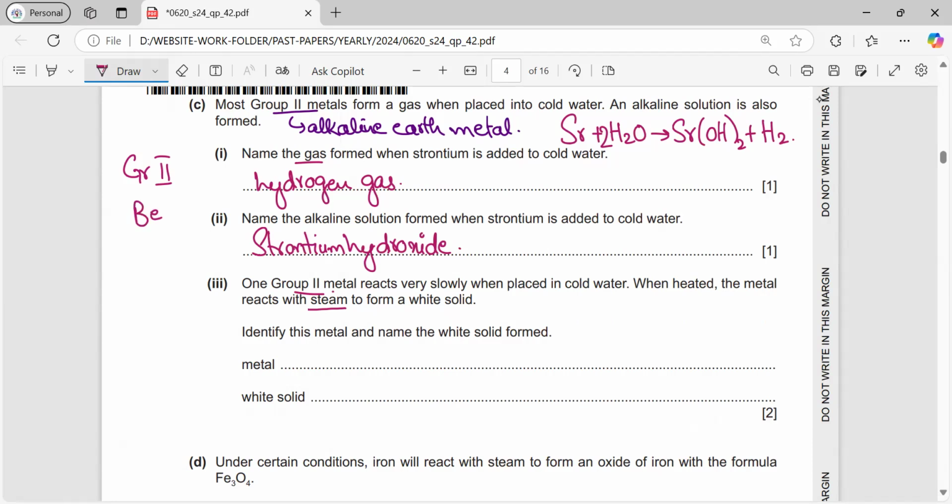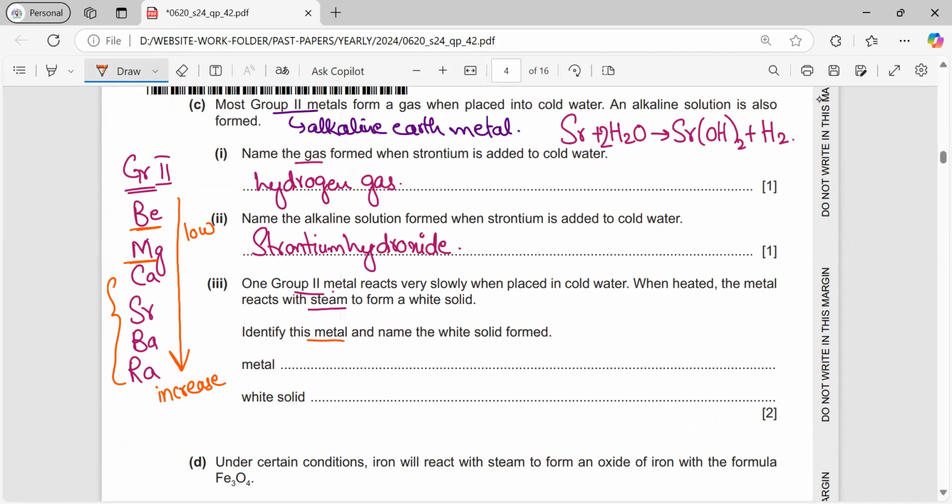In group 2, we have beryllium, magnesium, calcium, strontium, barium, and radium. These are the elements of group 2. Now, as we go down the group, the reactivity increases. So elements like beryllium and magnesium are less reactive compared to the other elements of this group.